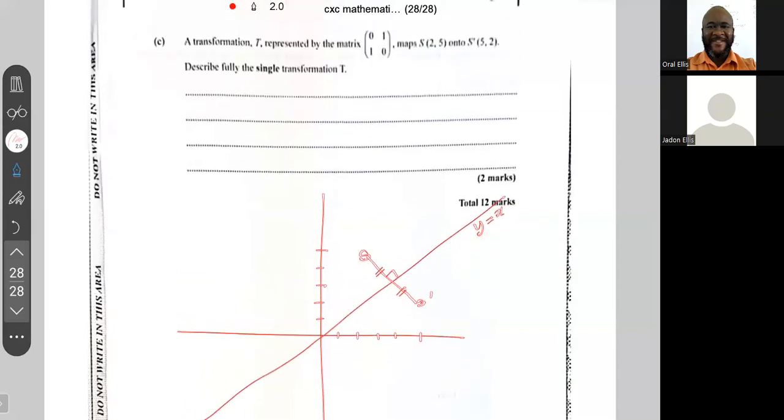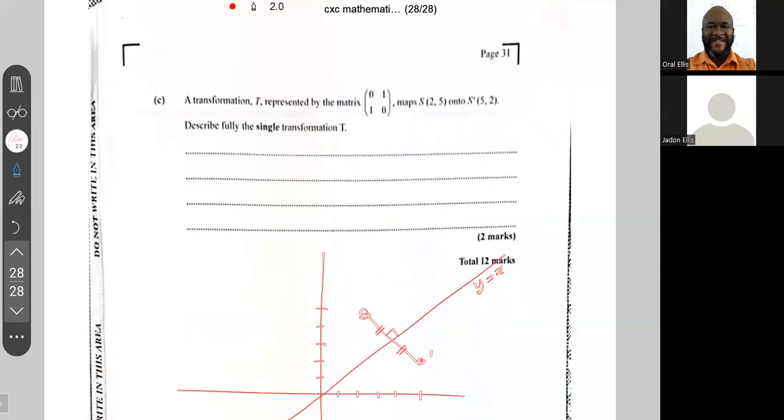So whenever you have a transformation in which the x and the y coordinates interchange, that transformation, so the transformation T, is a reflection in the line y is equal to x.